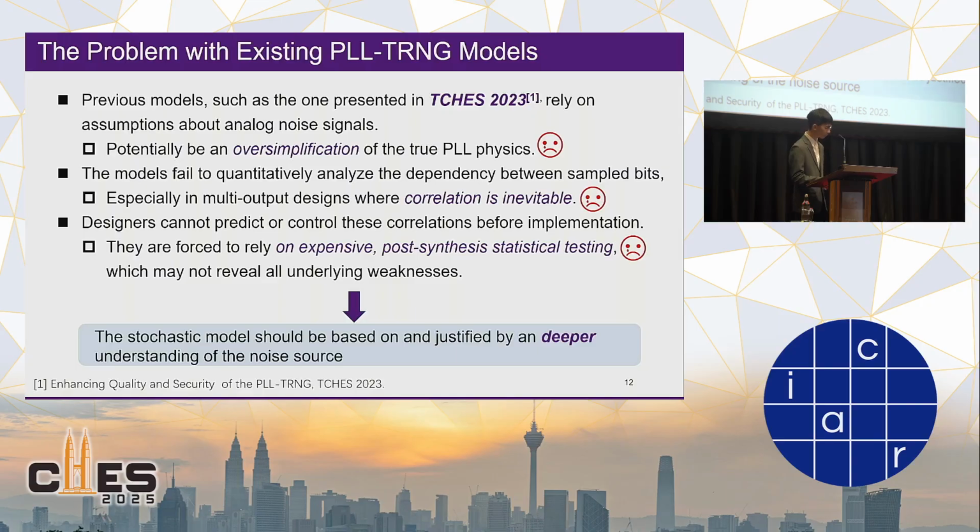First, the designers cannot quantify the subtle correlation of all the samples. This forces the designers into a costly and complex trial and error. So the result of the design or the security is only known after it has been built.